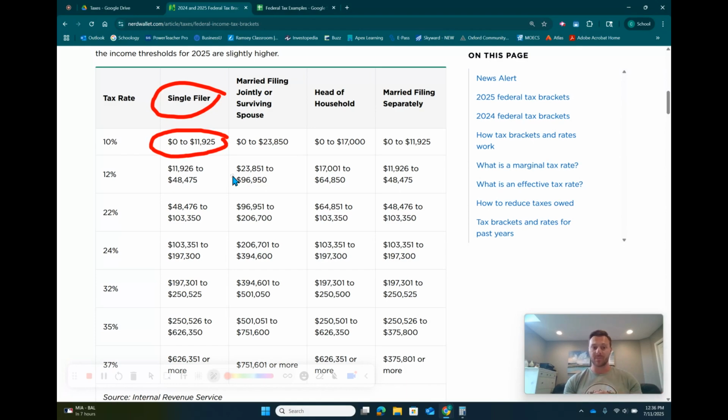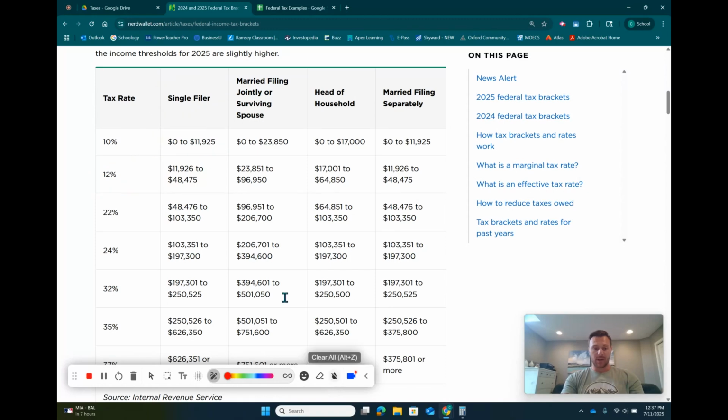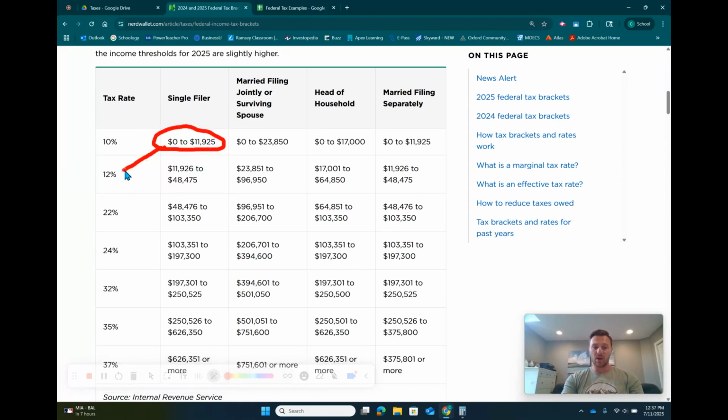Once you have filled that bucket up with income, you would then move to the 12% bracket. That does not mean that all of your money gets taxed at 12%. It only means that the money above $12,000 and below $48,400 is taxed at 12%.